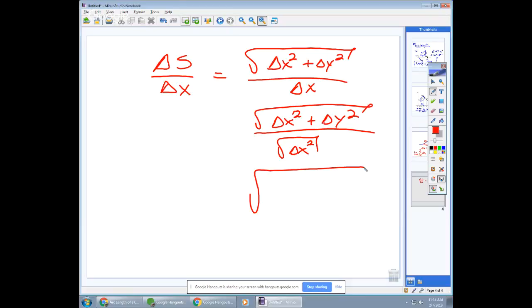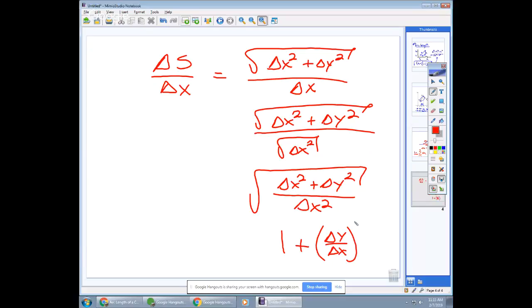So I can say that's just the square root of that fraction. The delta x squared doesn't cancel completely. What happens here? On one side, I'm going to get delta x squared over delta x squared, which is a 1. But then I'm going to get delta y squared over delta x squared, which I'm going to write as delta y over delta x, squared.